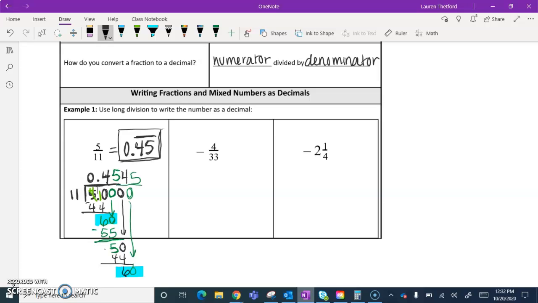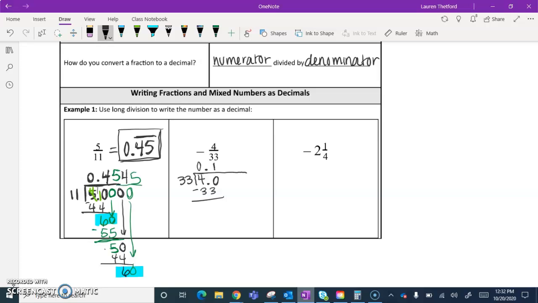All right. So now we have 4 on the inside, and I'm going to make this longer, divided by 33 to make it a decimal. I'm going to put a decimal after my 4 because 33 goes into 4 0 times. And so now we add a 0. So 33 goes into 40 one time. 1 times 33 is 33.